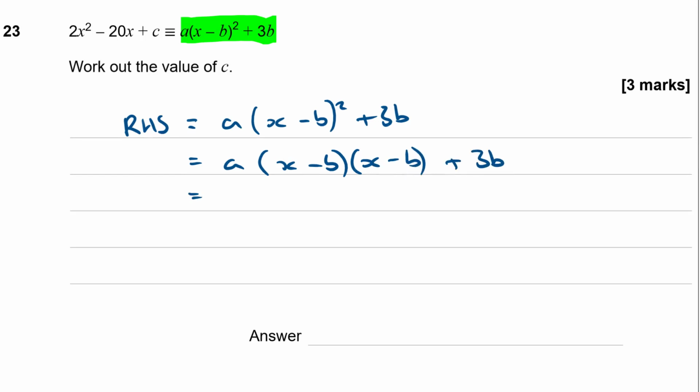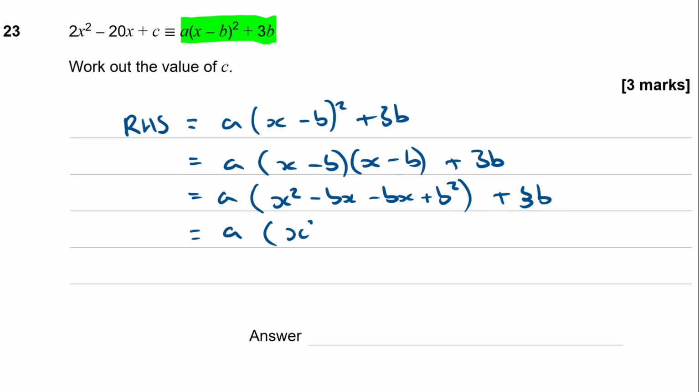And then, so that's a lots of x squared minus bx plus b squared plus 3b, which is a lots of x squared minus 2bx plus b squared plus 3b.